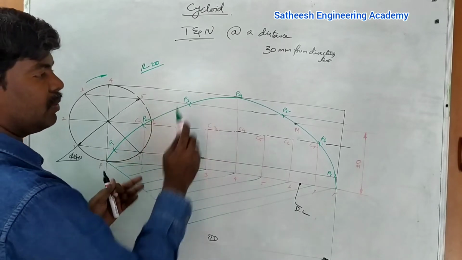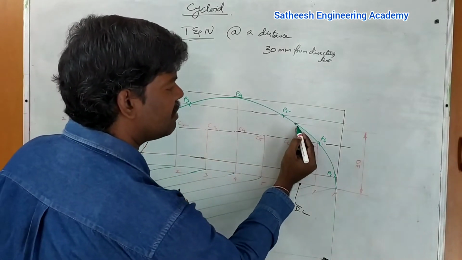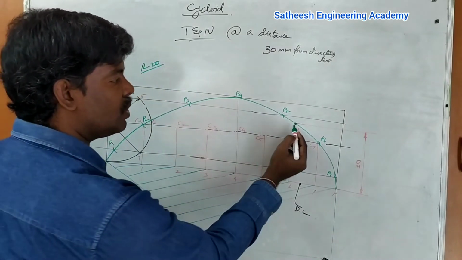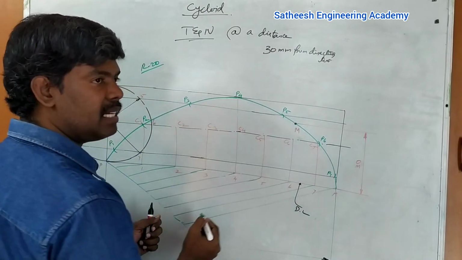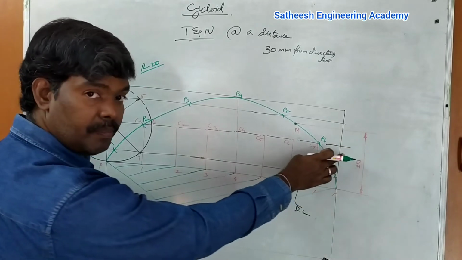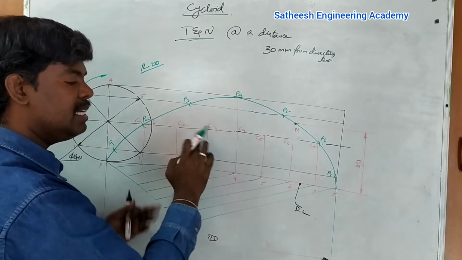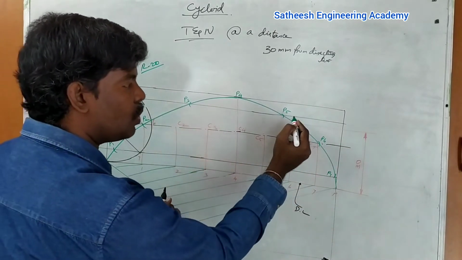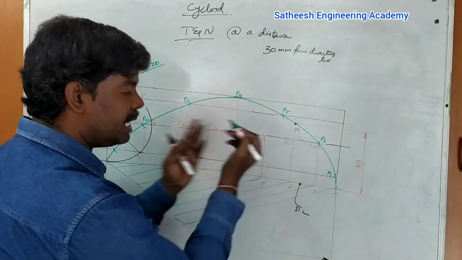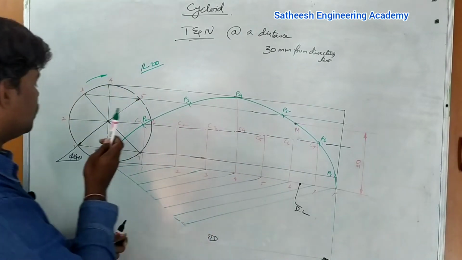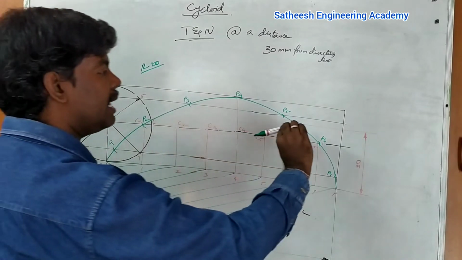Let us assume this is also one of the points P. The center will definitely lie on the axis line. Now it is a reverse procedure: you know the point P, and you need the center point. So take radius 20.